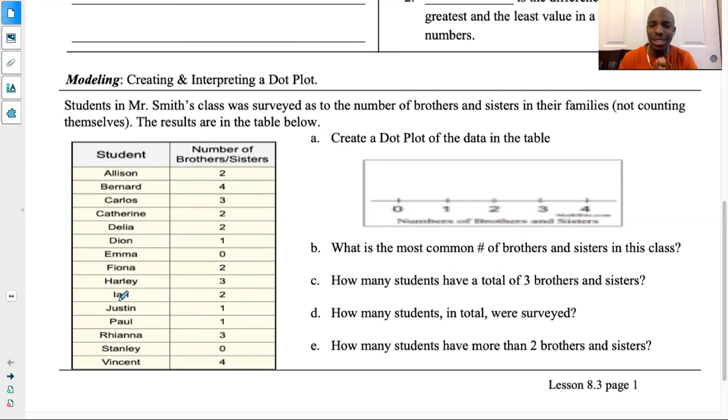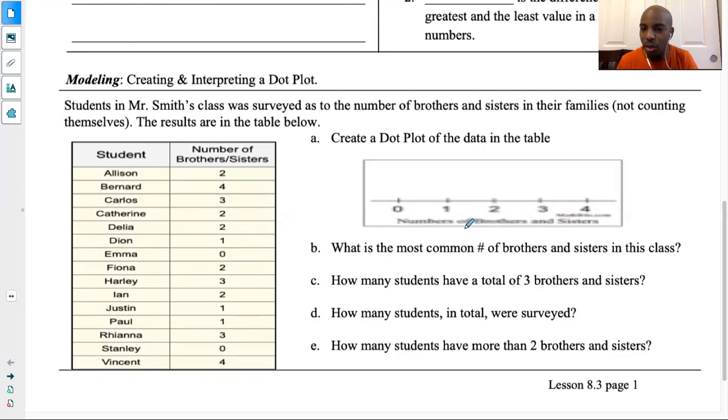Now, what I want to do is take this data and create a dot plot. A great way to do this is by saying, okay, I'm going to take every single person and put their information on this number line. You can see it's a number line that's here, and I apologize, it's a little faded, but it's from 0 to 4, okay? The ones that you have to do later on, I'm going to fix to make sure they're not faded like this. It wasn't meant to be, but it is.